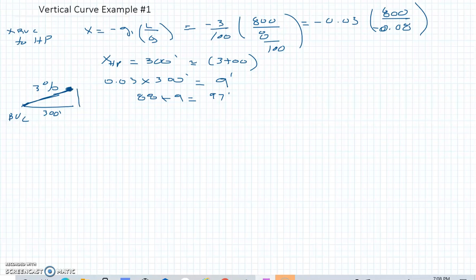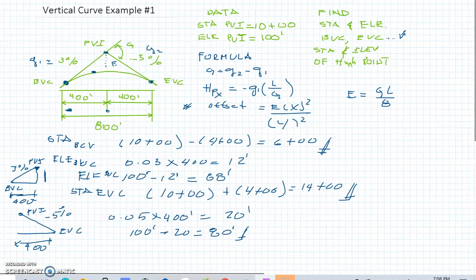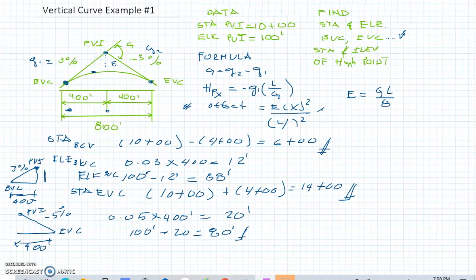Now I need my offset, so I go back to my formulas, and this is the formula I want to use.